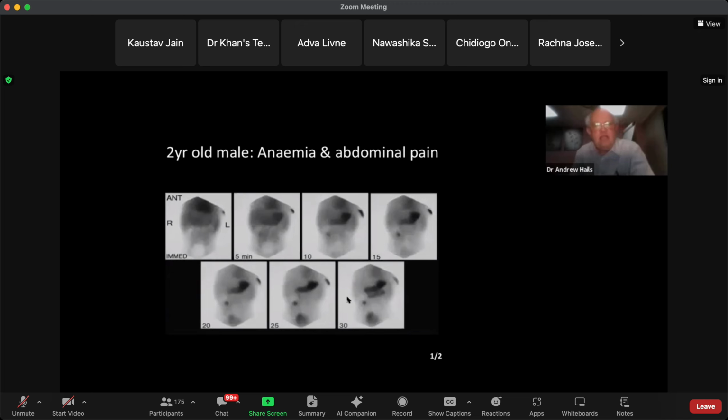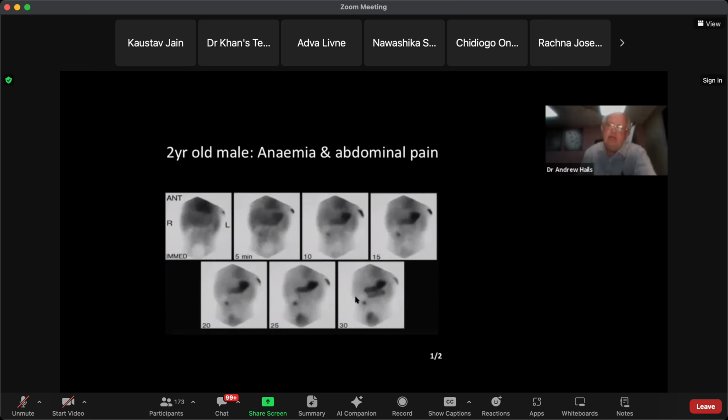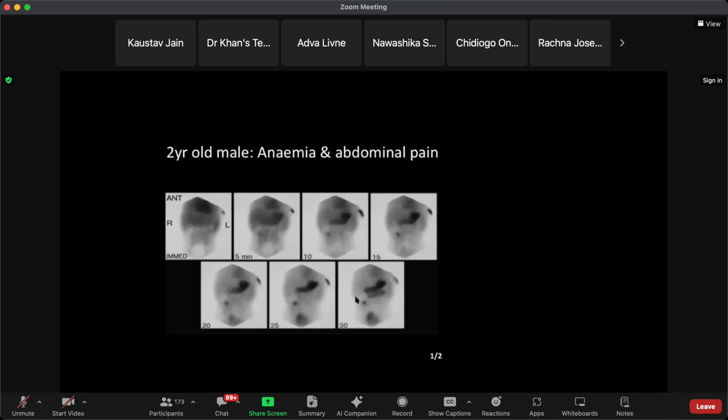But what about, you see here, what's this person got wrong with them? So they've got an area of increased uptake on the images after 10 minutes and persistently through to 30 minutes outside of the stomach. I'm suspicious of ectopic gastric mucosa somewhere along the bowel.